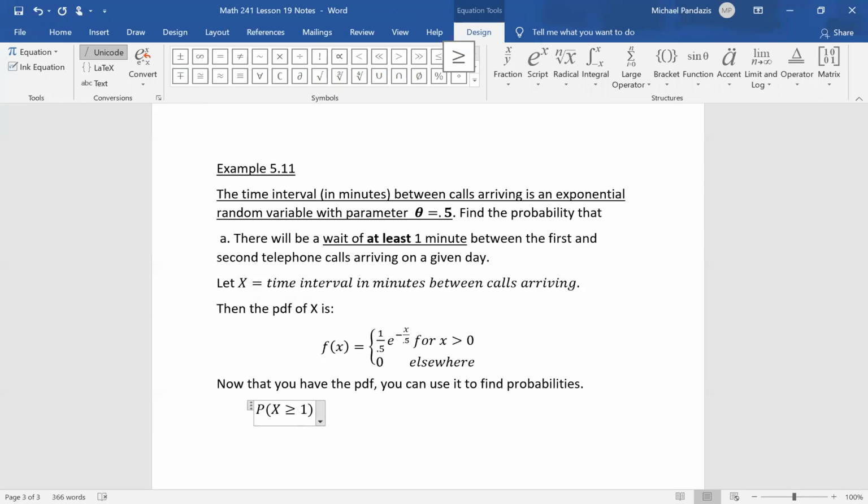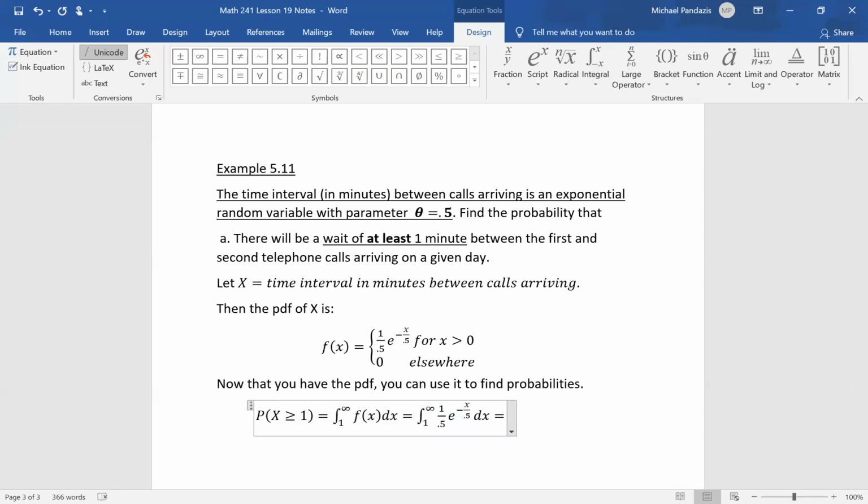And so that's equal to the integral from 1 to infinity of f of x dx. And that's equal to the integral from 1 to infinity of this PDF, because when x is greater or equal to 1, x is positive. And so you're using that function there. That's dx.